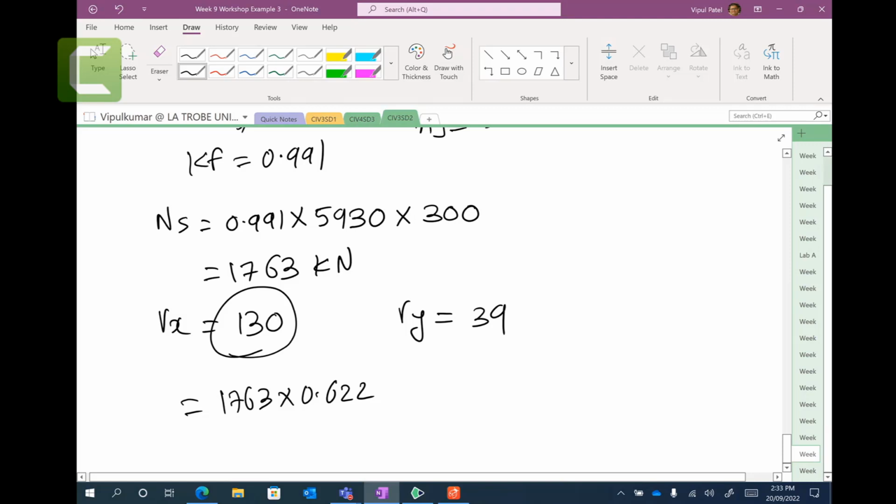You get 1096 and times by 0.9. It does not work. 987.